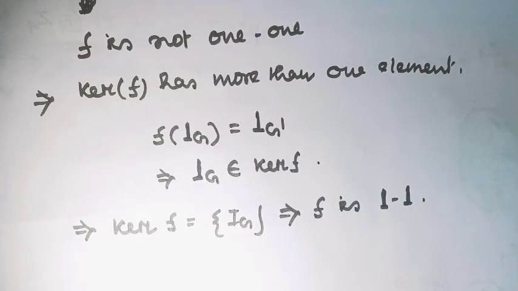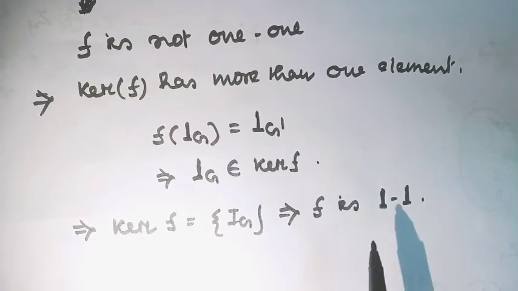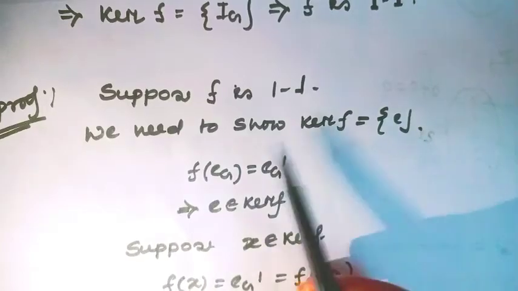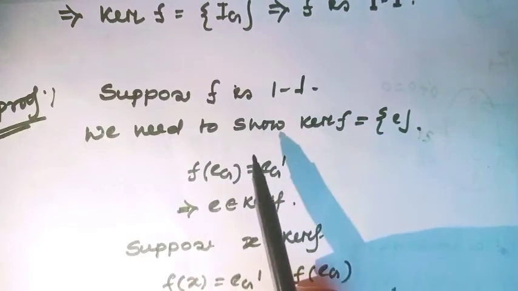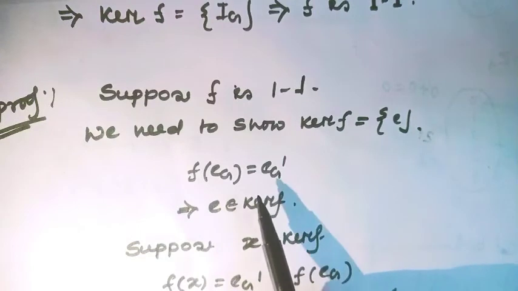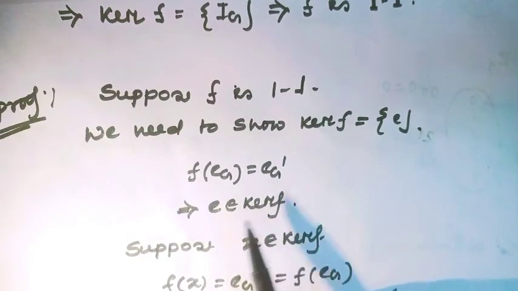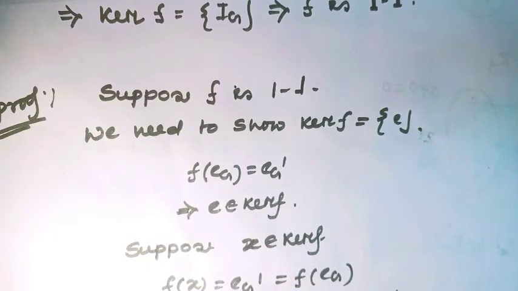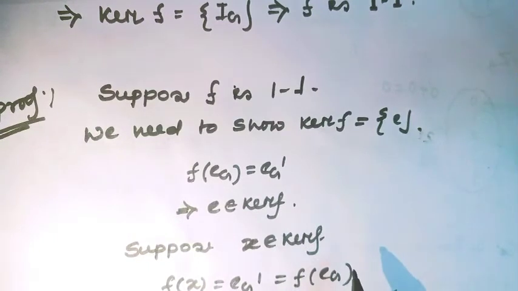So the kernel of f will always be non-empty. And if the kernel of f is just the identity, then f must be 1-1. Okay? Well, let's see the proof. Suppose f is 1-1, we need to show the kernel of f equals the identity. f of e z equals e z dash always, so the identity always belongs to the kernel of f. Suppose any arbitrary x belongs to the kernel of f.